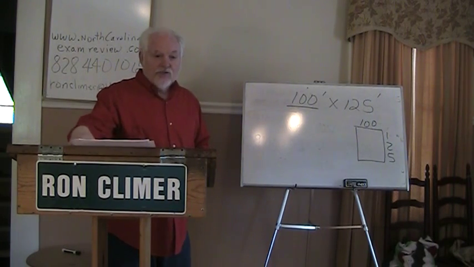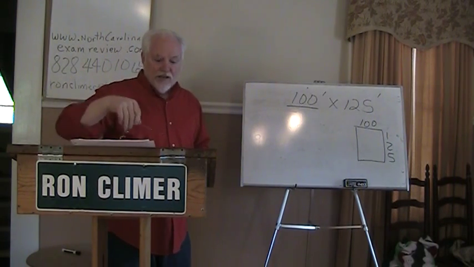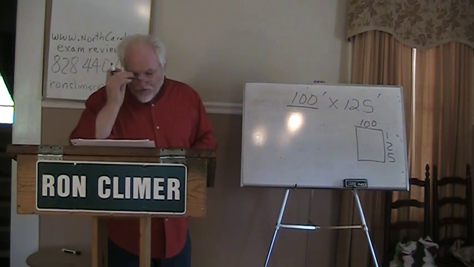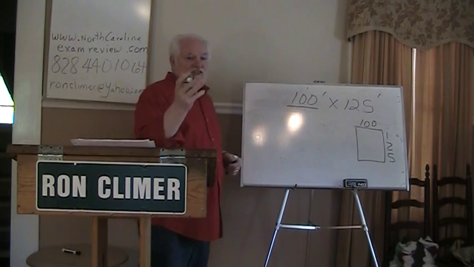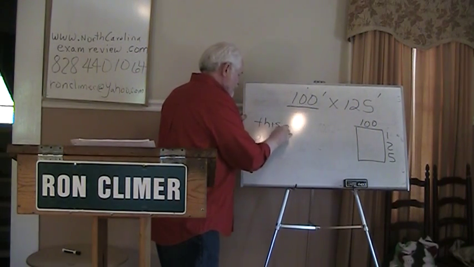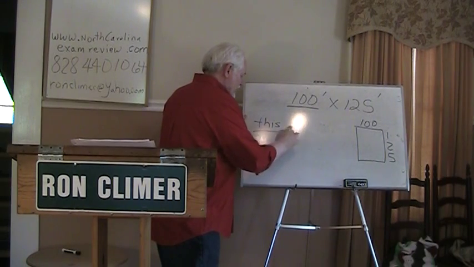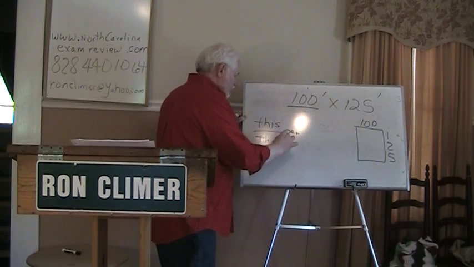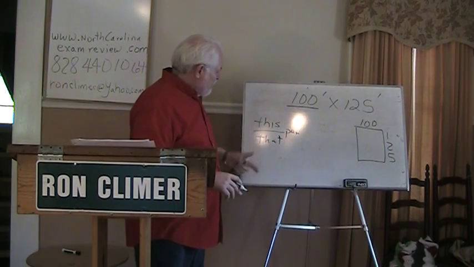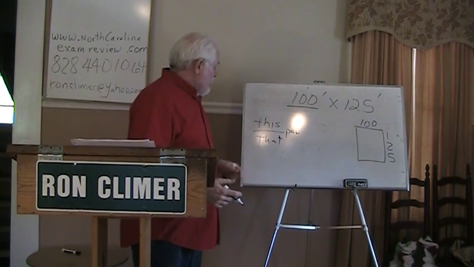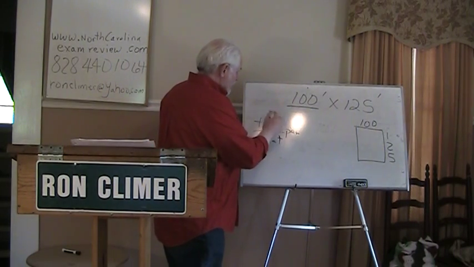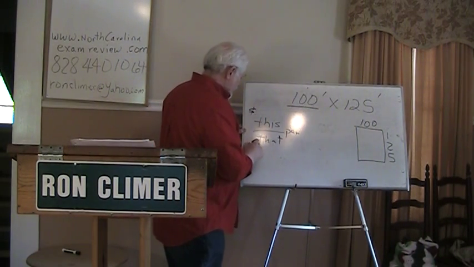And the question is, what is the price per front foot? By the way, anytime you see the word per, the question is this per that. Whatever it is, pounds per square inch, price per front foot, whatever it is.